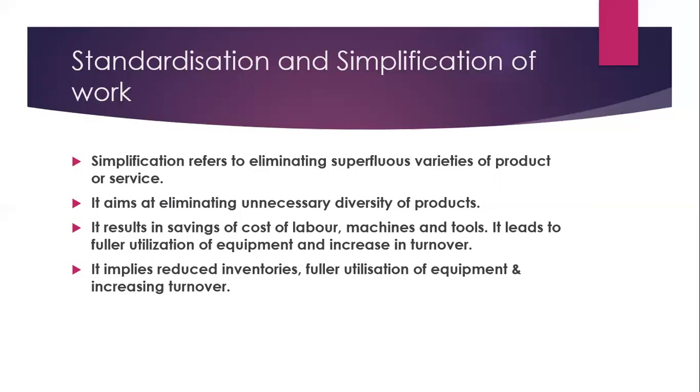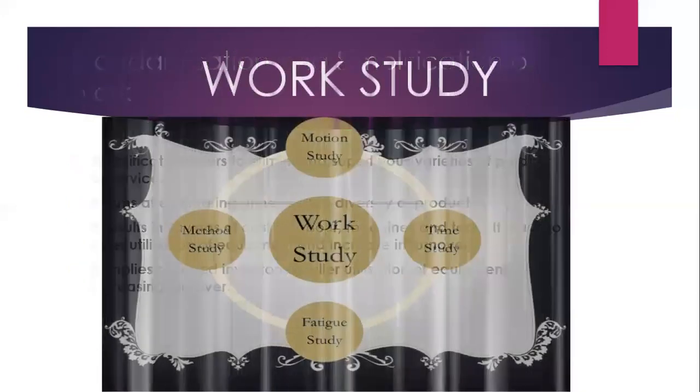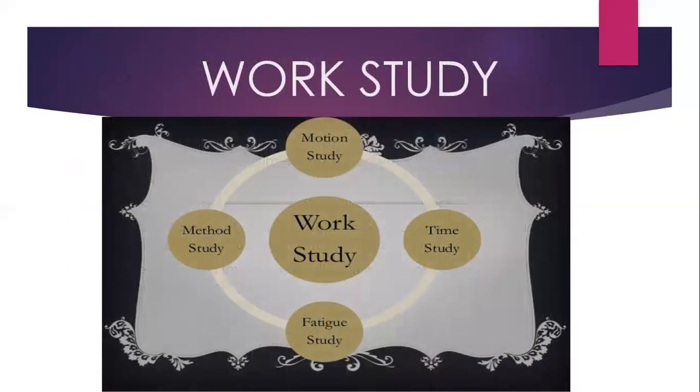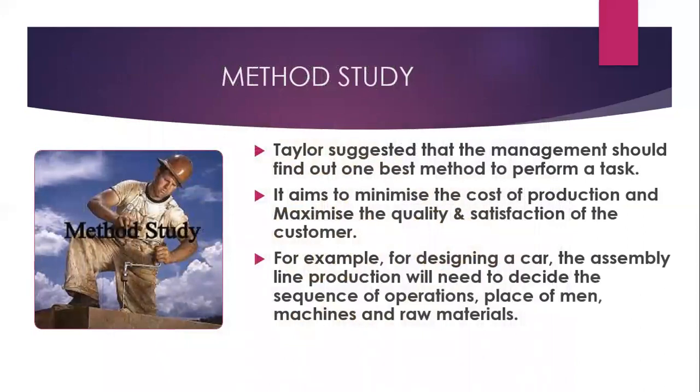So what it implies, it reduces inventories, fuller utilization of equipment, and increasing turnover. So this was standardization and simplification of work. Now work study. Under work study, there are 4 kinds of studies: motion, time, fatigue, and method. Let's start with method study.